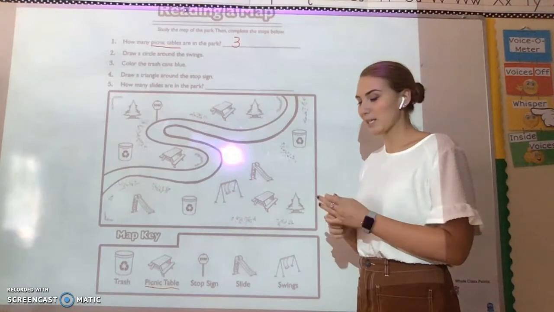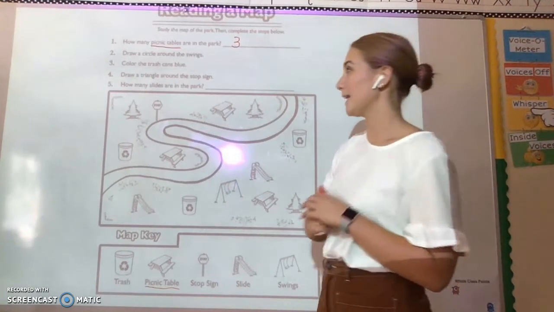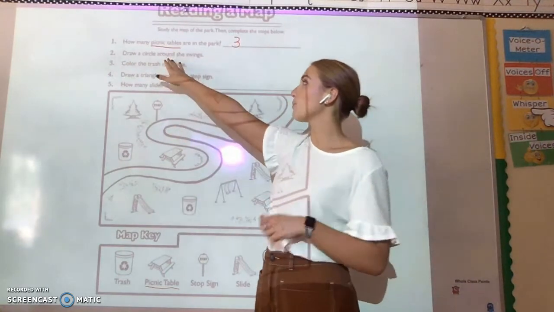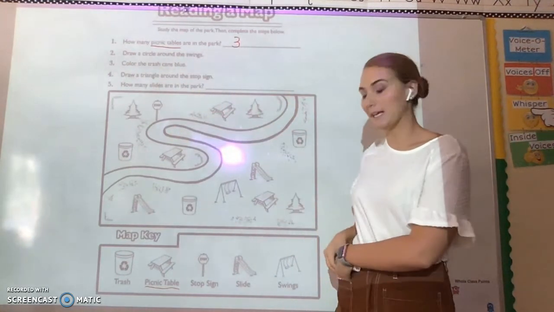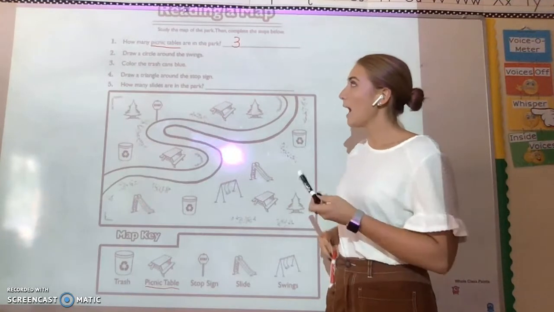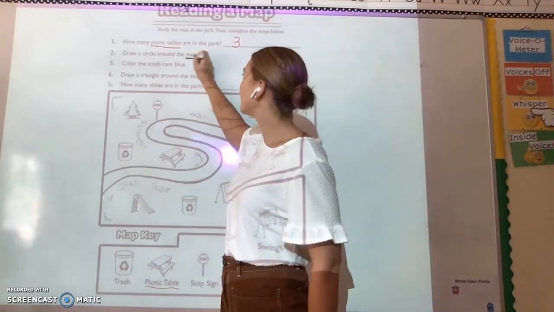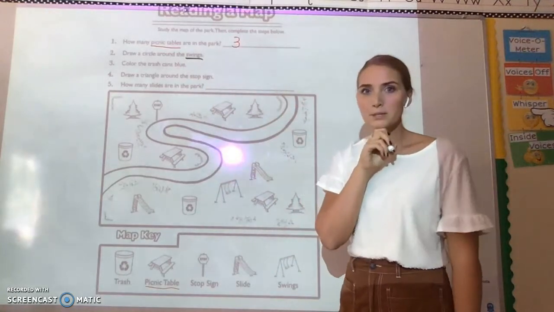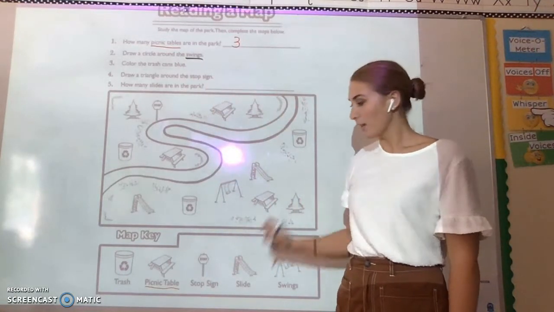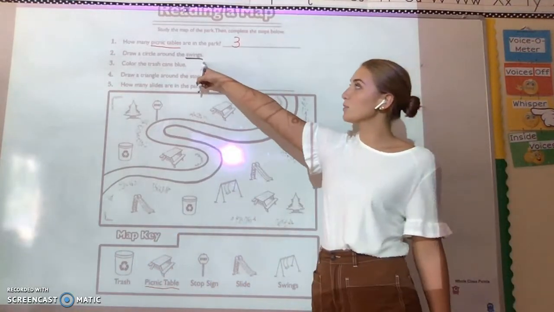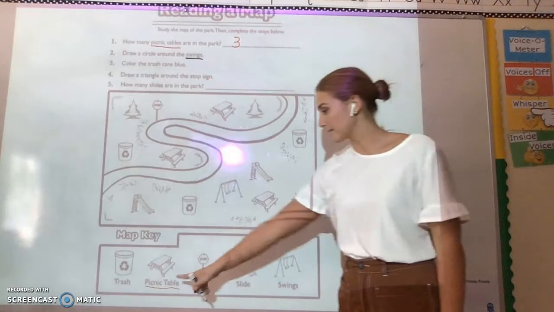All right, boys and girls, our next clue tells us, draw a circle around the swings. So, I am looking for the swings. What do the swings look like? I'm going to come to my map key and find the word swings.